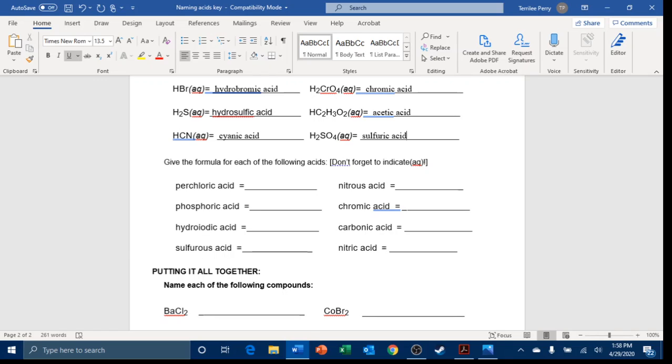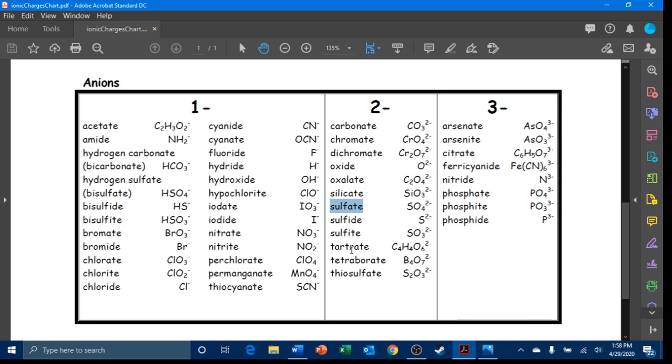Okay, now let's go ahead and do these down here. Perchloric acid. Well, let's look and see what anion that might have come from. So let's look at these, and we're looking for perchloric something. Oh, here we go. Perchlorate.